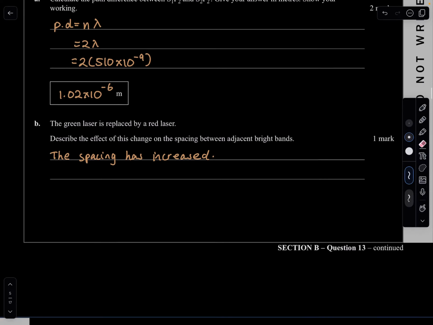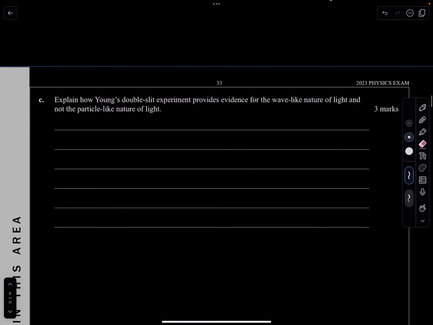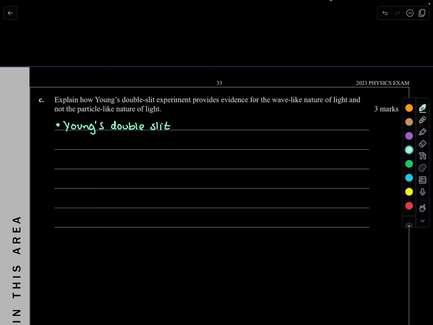Beautiful. That is it. So let's write that down. Young's double slit experiment demonstrates interference.